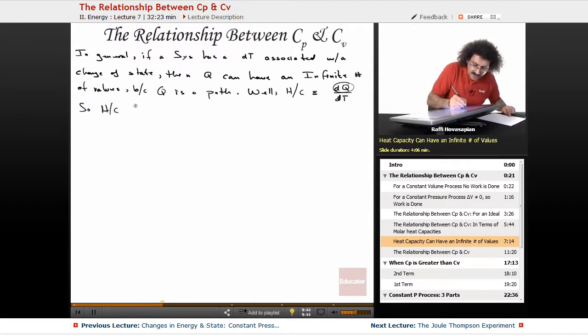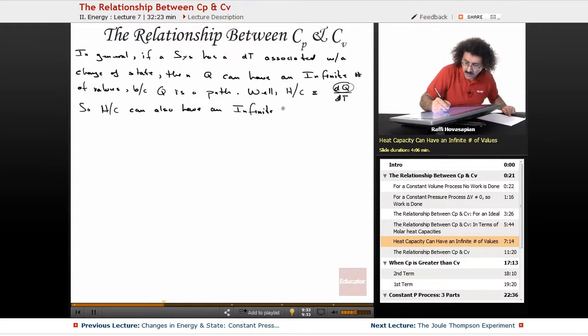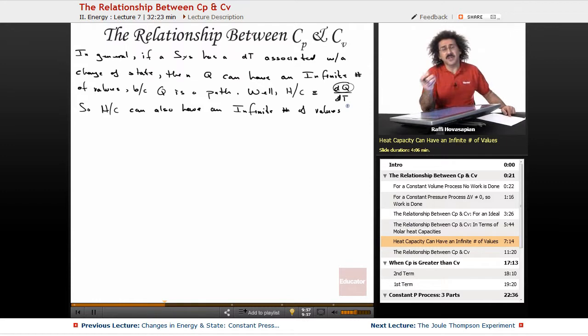So heat capacity can also have an infinite number of values for a particular temperature change, because there are a bunch of paths in order to get from one temperature to another.